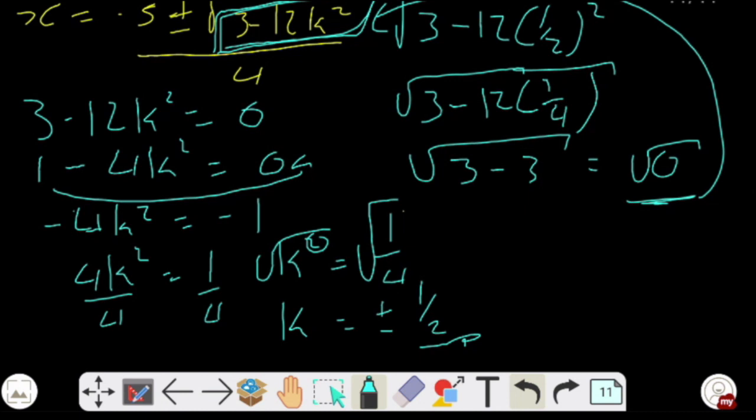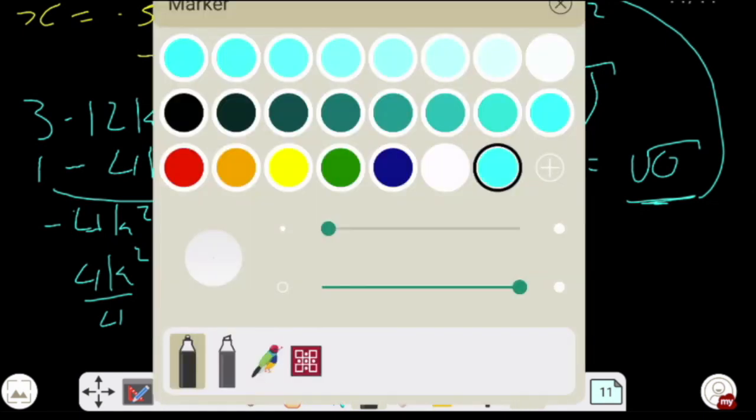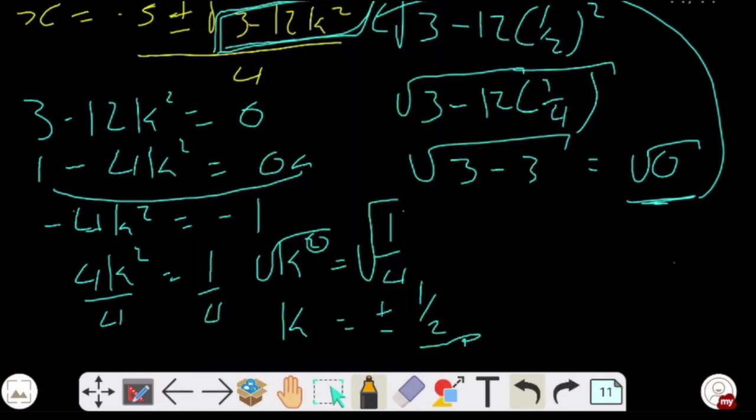Now, by being equal, the square root of 0 is 0, right? Whether you plus or minus, you will still have this negative 5 here, meaning they are equal. Whether you plus or minus, you still have a negative 5 over 4.